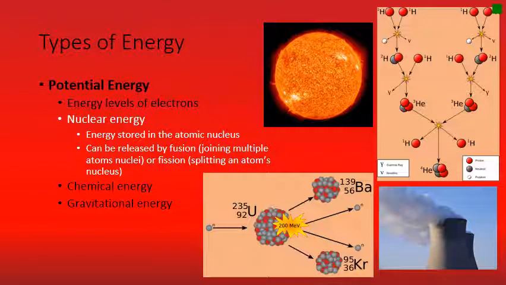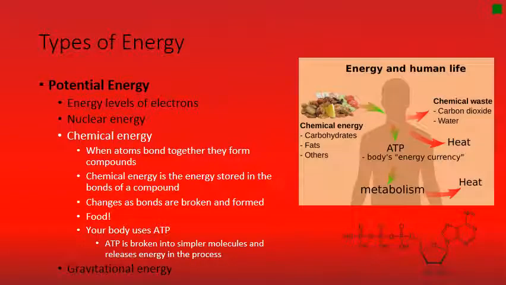Again, in a previous module, we described the radioactive decay of unstable isotopes. That is a type of nuclear energy that is released when that atom decays.